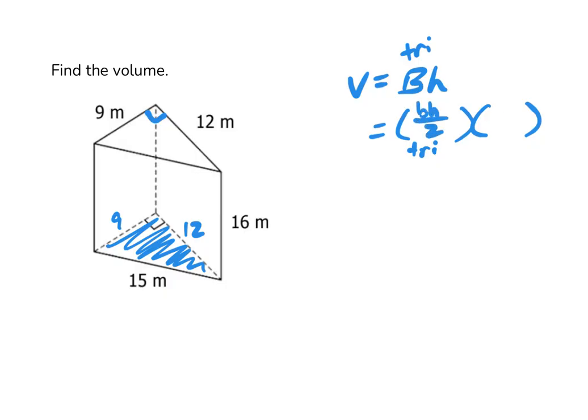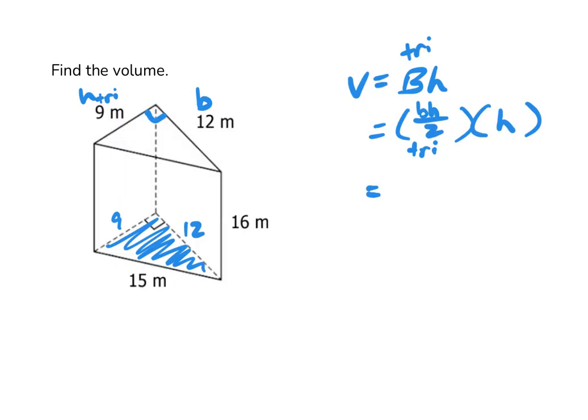And then we'll multiply that by the height of the prism. Now, the one thing that can be a little bit confusing here, this is the height of the triangle, this is the height of the prism. Those are two different heights. So that one is the height, and if you wanted to, you could say this is the height of the triangle, if it made more sense to you.